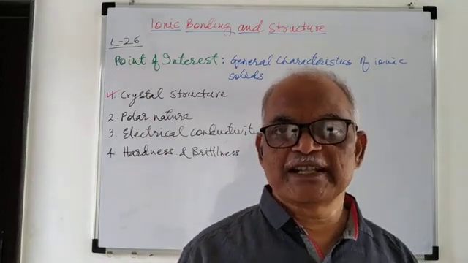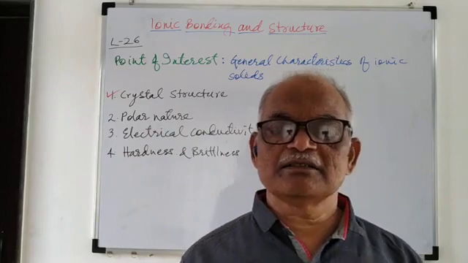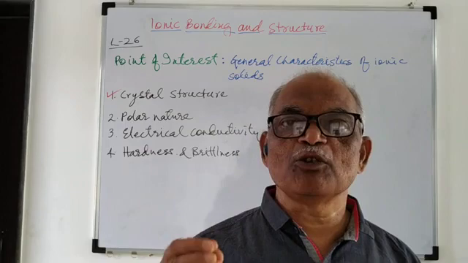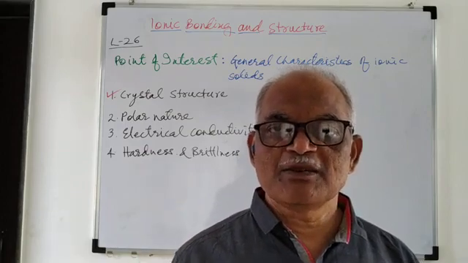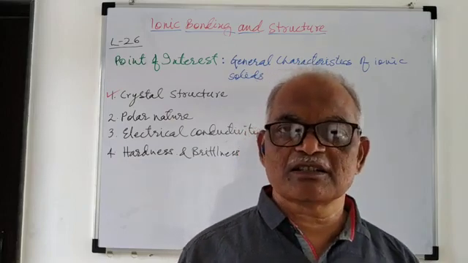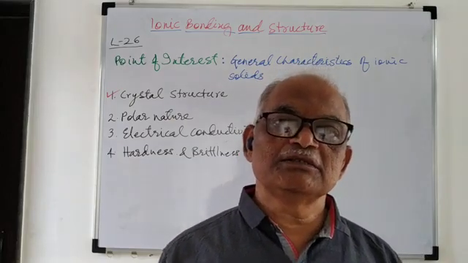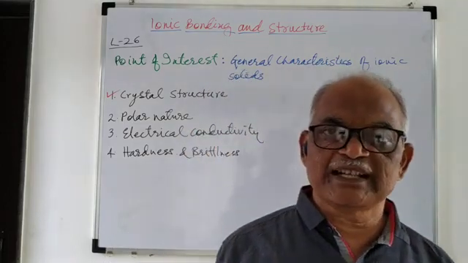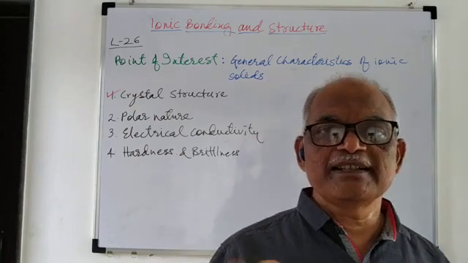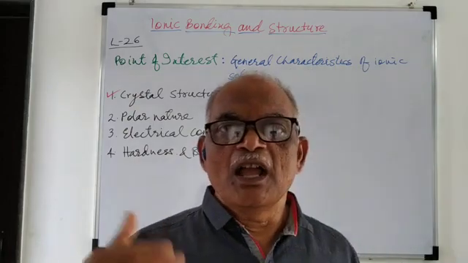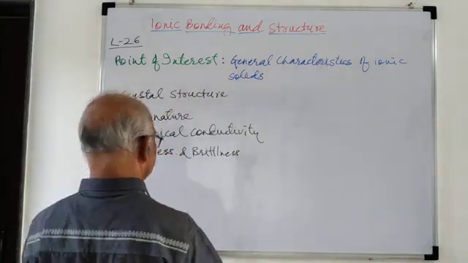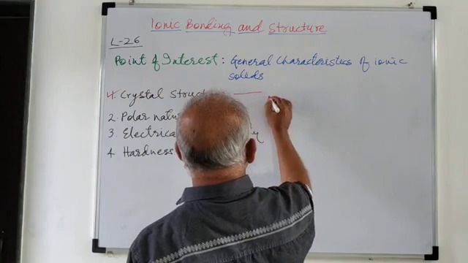But here we will see that the crystal structures are like cubic, cubic close packed or simple cubic, body centered cubic, face centered cubic, etc. Similarly, there are other structures like HCP, hexagonal close packed, etc. There are a variety of such crystal structures, and these are obtained by using X-ray diffraction studies.